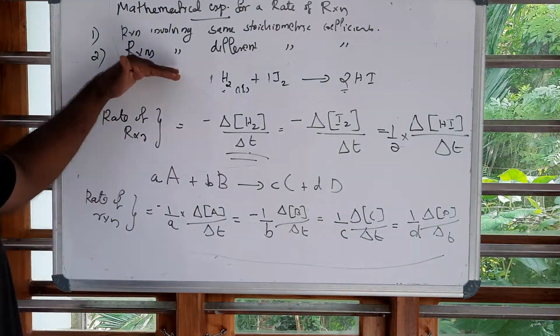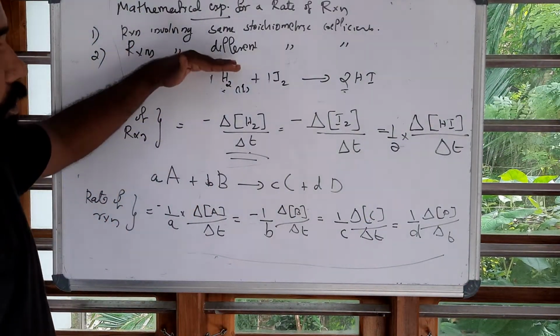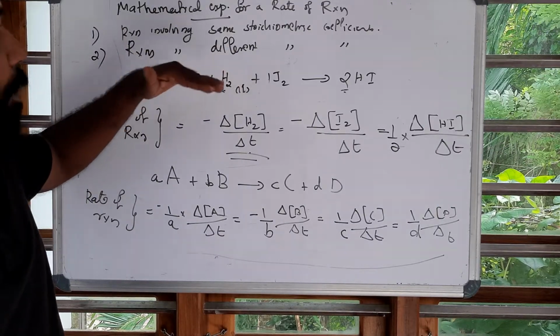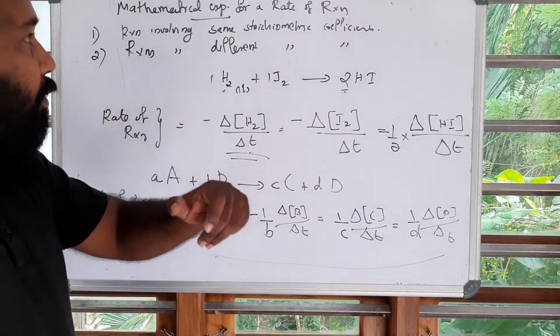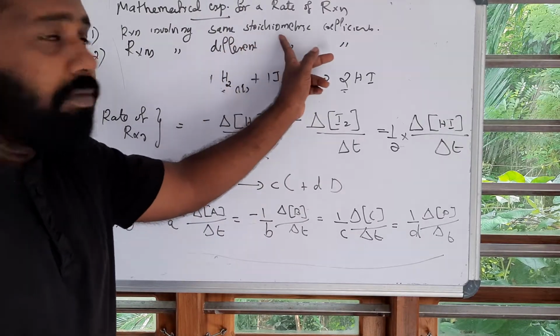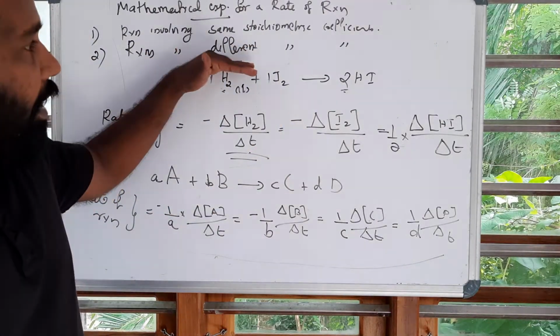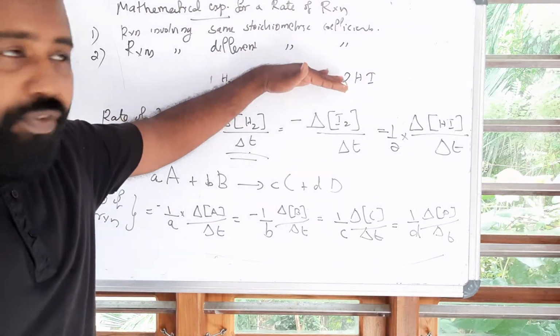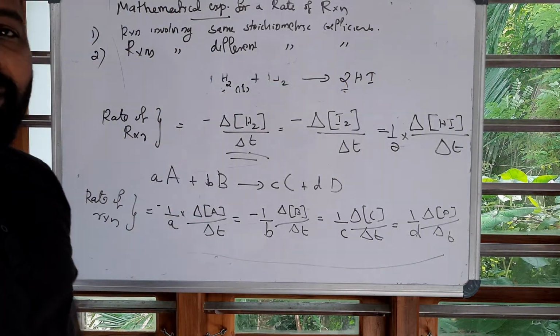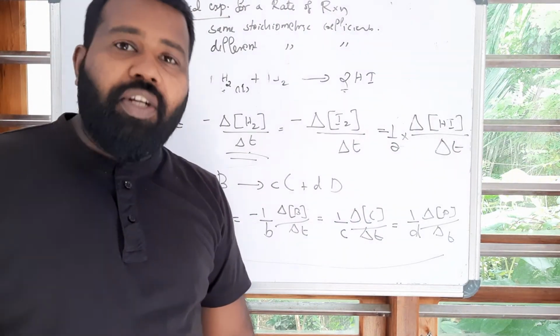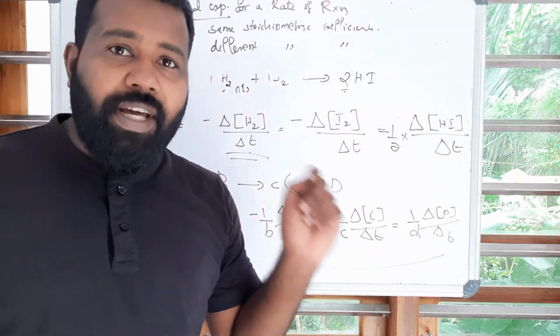So these are the two ways to represent it: one especially for reactions with the same stoichiometry, the other for reactions involving different stoichiometric coefficients. So these are the mathematical representations of the rate of reaction.